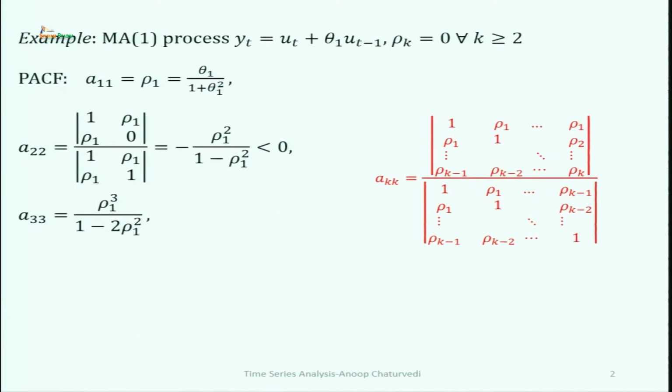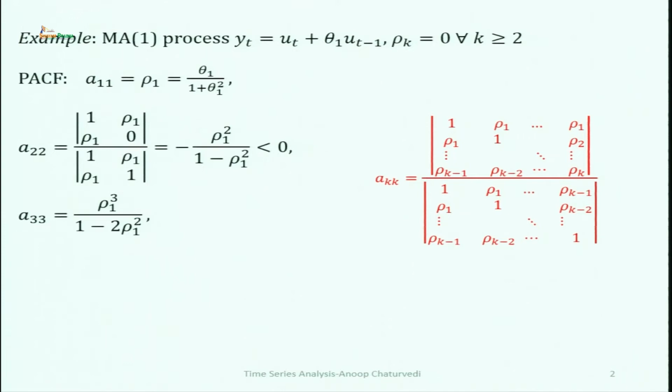Now, before considering the ARMA models, first we derive the partial autocorrelation function for the moving average processes. In particular, in this example, I am going to consider the MA1 process Yt equal to Ut plus theta 1 Ut minus 1.